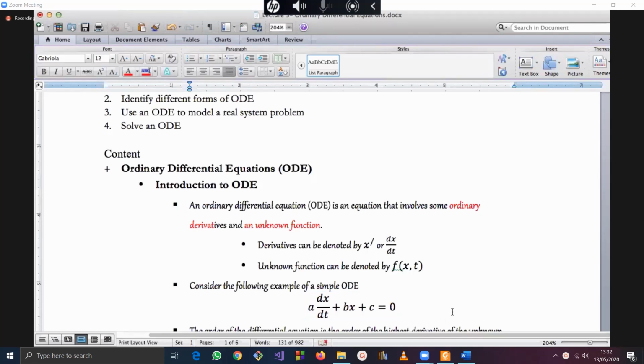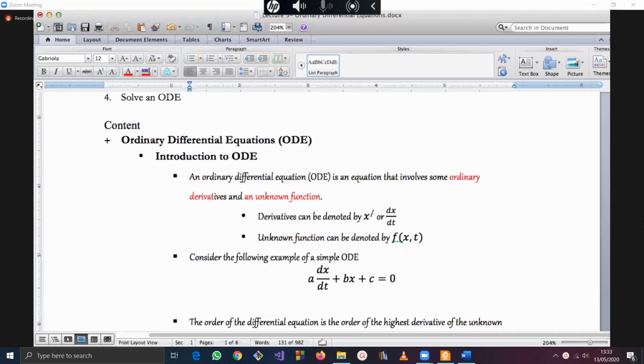So this is an example of an ordinary differential equation. Why is it an ODE? It's because of the following.